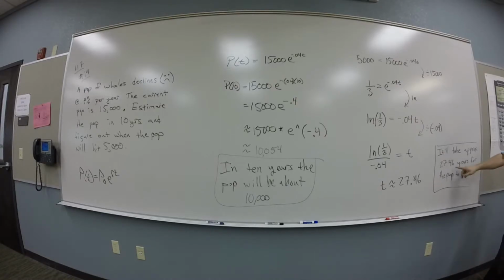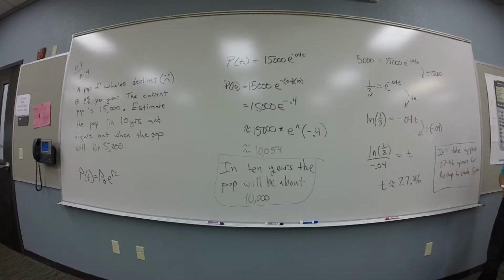If we wanted to play converting games, this would be a good spot for it. If I want to know how many days is .46, I'd like to write this as 27 years and some days, or some months maybe. So I could take my .46, that's 46 hundredths of a year, and just multiply by 365.